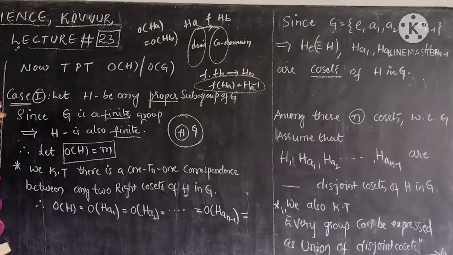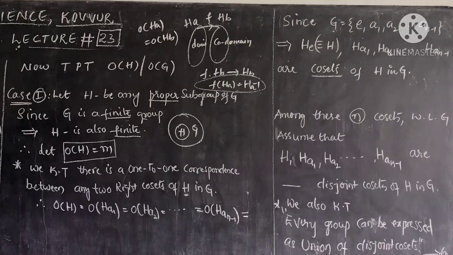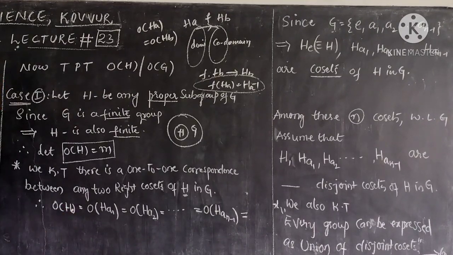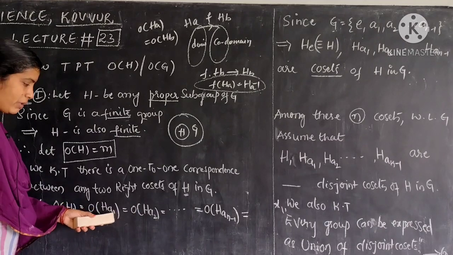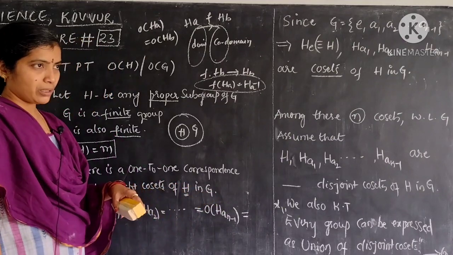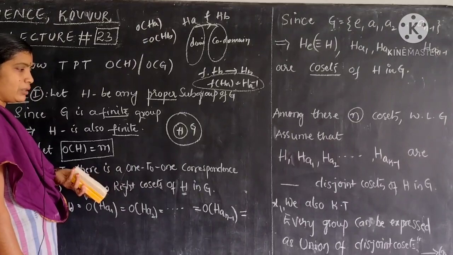What is HE? Regarding each element in the group, we can write a coset. So regarding the first element, we have HE. This is the coset generated by E. So the order of HE is equal to the order of HA1 is equal to the order of HA2 and so on, the order of HAn minus 1.